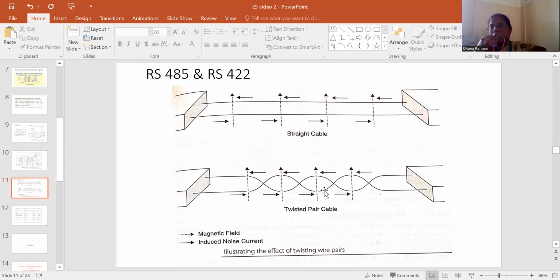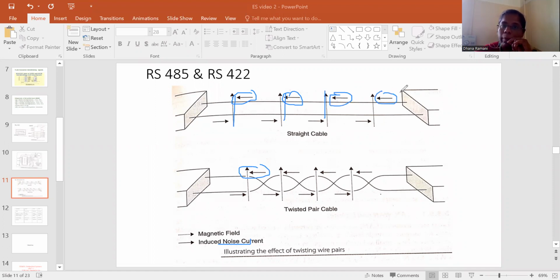Another advantage of going for twisted cables is this: you can see the induced noise currents, these bold arrows, right? These bold arrows are our noise currents, which are induced due to this magnetic field. Due to this perpendicular magnetic field, we have the induced noise currents like this.